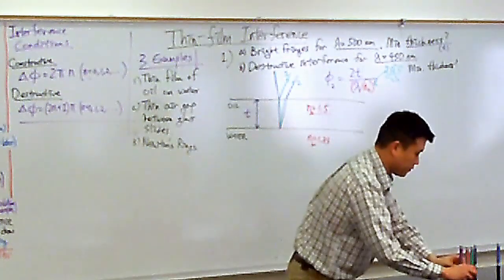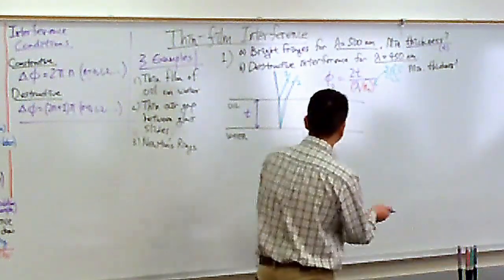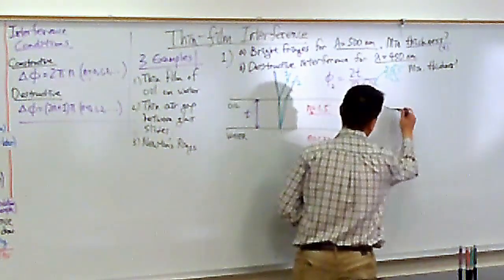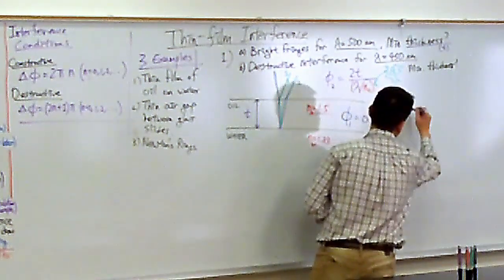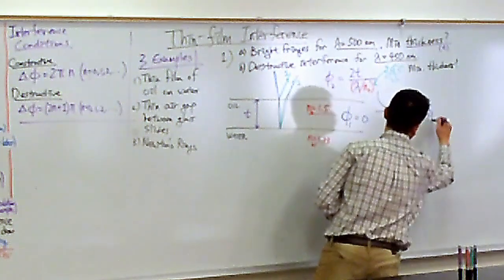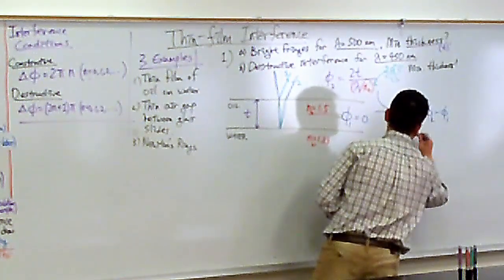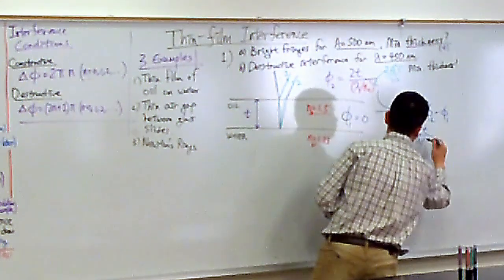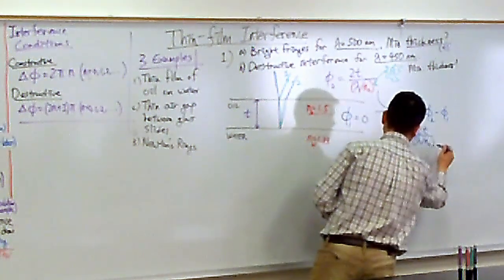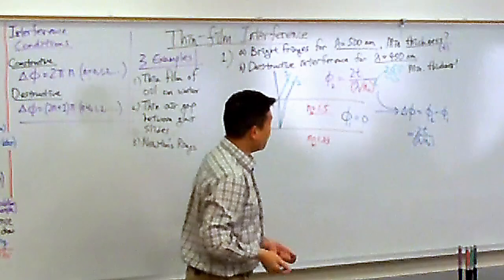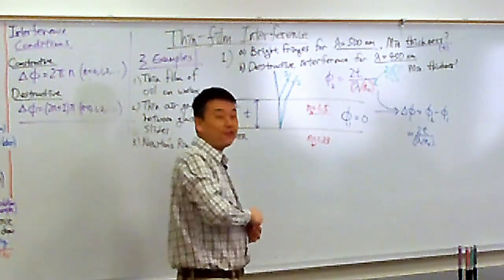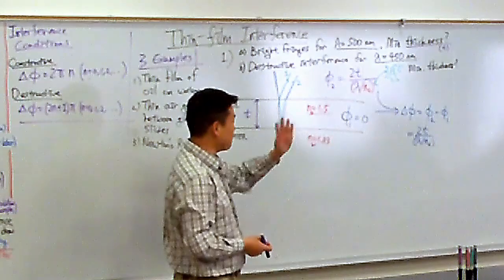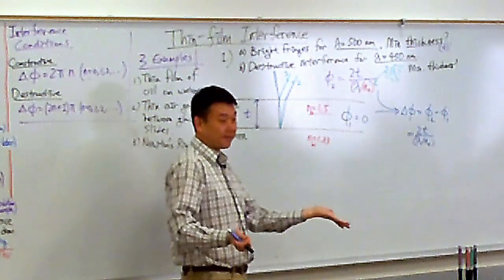It's easy to think of it as phase shift to beam 1 is equal to 0 and end up with total change of phase, phi2 minus phi1, equal to 2t over lambda over n_oil. It's easy to do that, and what I'll tell you now is when you do that, you'll get the wrong answer. Whatever answer you get won't match up with what you are supposed to get.